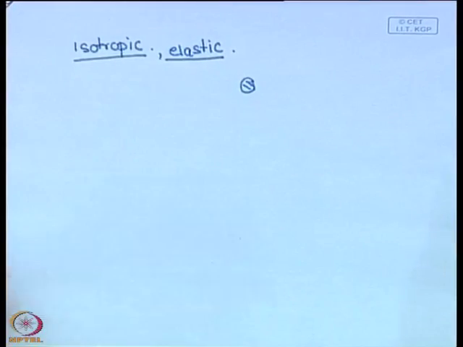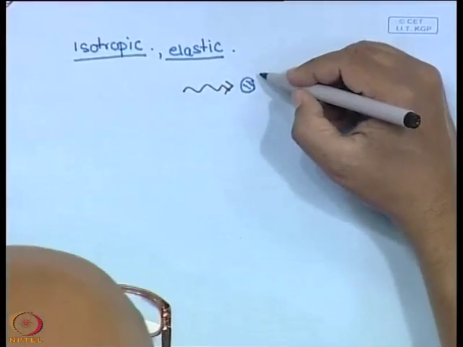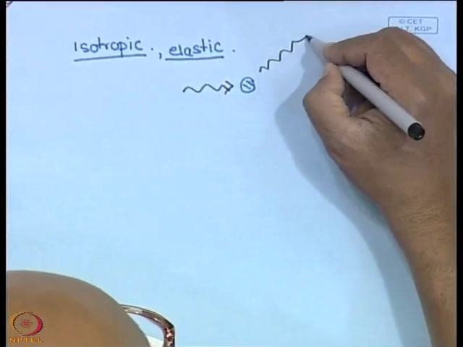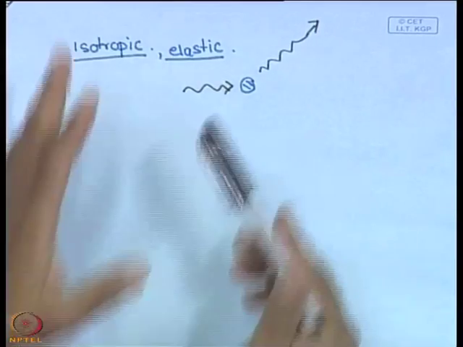There is some incident radiation, and what the scattering does is that it sends it off in some random direction, the frequency remaining the same. That is our simple model.